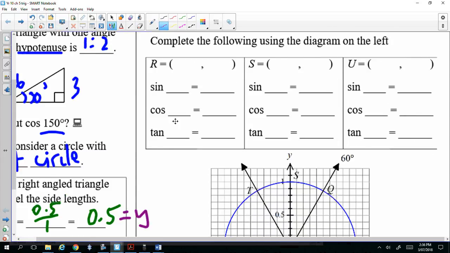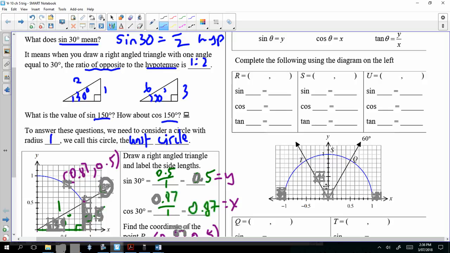Let's calculate the corner of R. What's the corner of R? 1, 0, right? Because it's a unit circle, radius 1, so 1, 0. So what's this angle here? That angle will be 0. Do you agree? Because the ray makes the angle 0 with the x-axis.